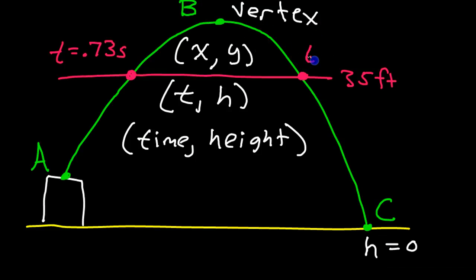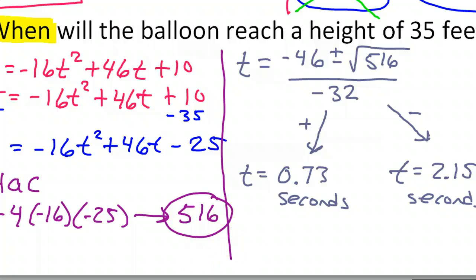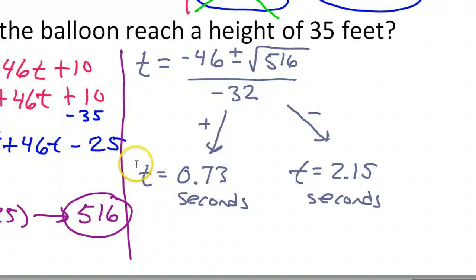So right here must be the time equals 2.15 seconds. So that's why we have 2 different times. Once on the way up, the shorter time, and again on the way down, a little bit longer time. And we'll go ahead and just keep both of these.